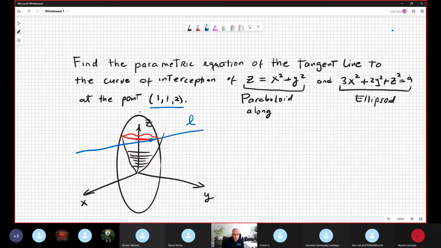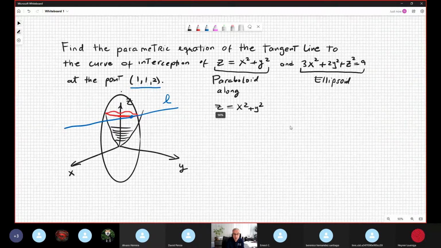Okay, so now this is one application of the gradient. The gradient is perpendicular to the surface. So suppose we have two gradients. Suppose the first surface, z equal x squared plus y squared. This is expressed in explicit form because z is isolated, but I can express it in implicit form: x squared plus y squared minus z equal to 0.